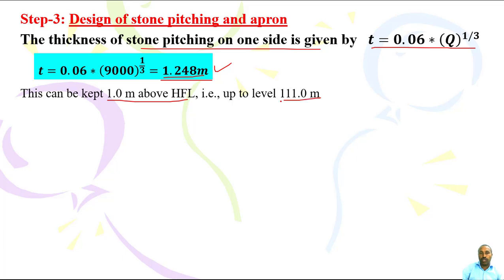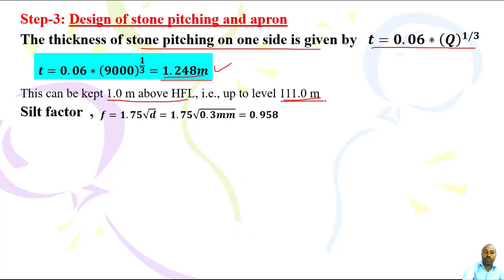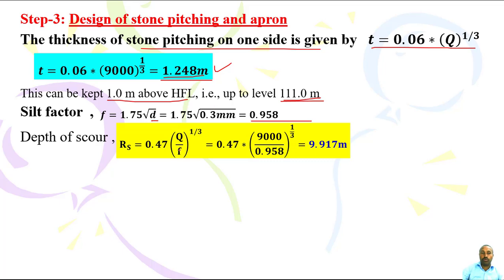So above 1 meter, here you have to make a stone pitching up to level 111. And silt factor, you can find, silt factor is 1.75 square root of D, where D is the average particle size, average diameter of particle size. So you have this one, silt factor. Then depth of scour, you have to calculate now: 0.47 times (Q over f) the whole to the power of 1/3.